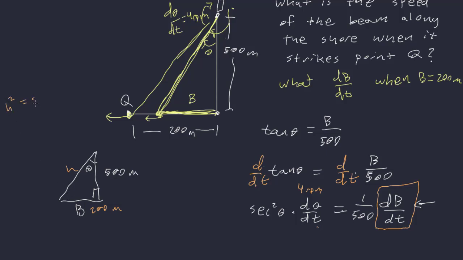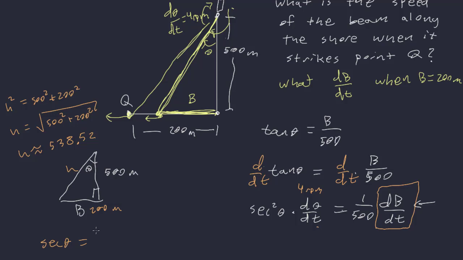H squared will be 500 squared plus 200 squared, and so we can find secant through that. So H is going to be the square root of 500 squared plus 200 squared, which comes out to be about 538.52.